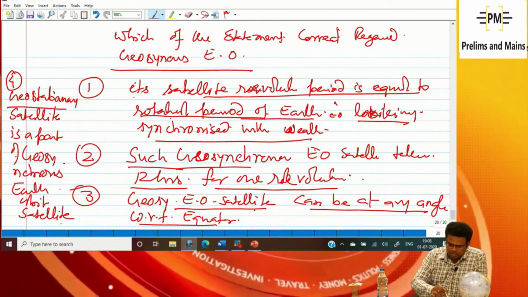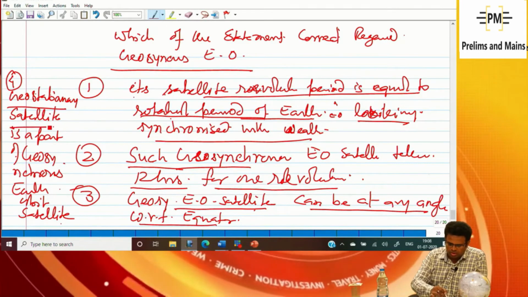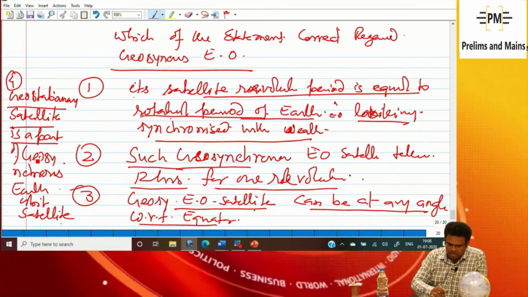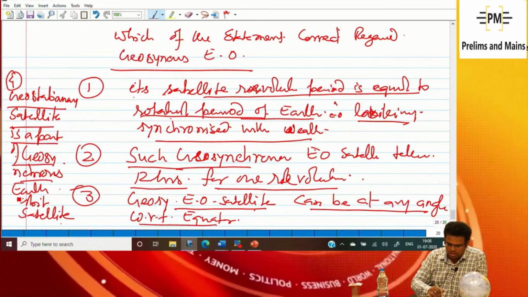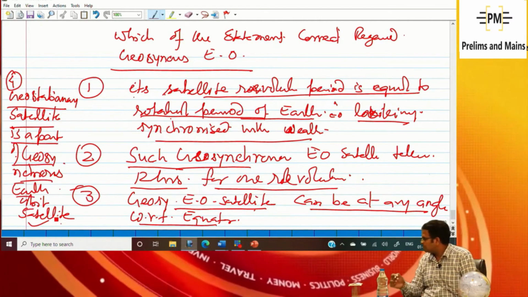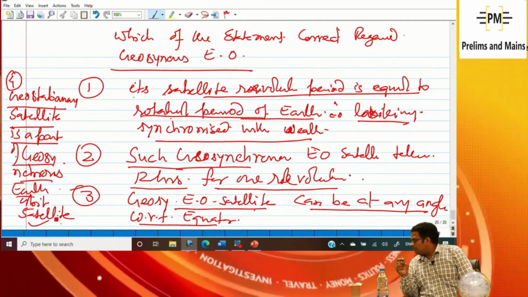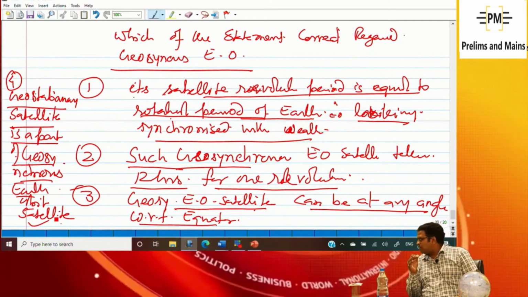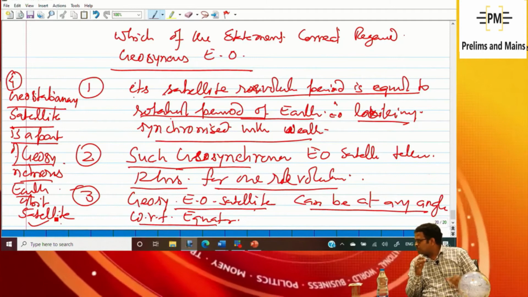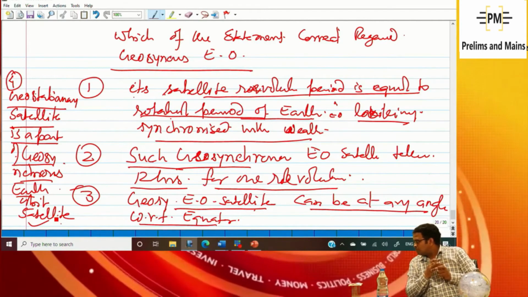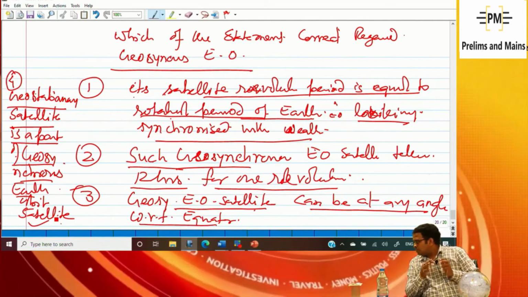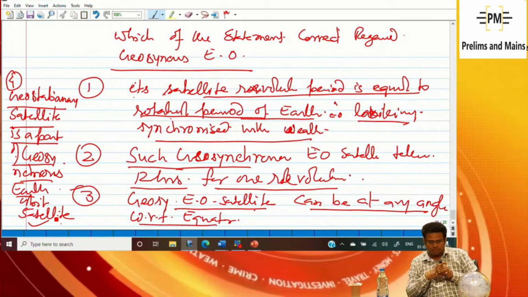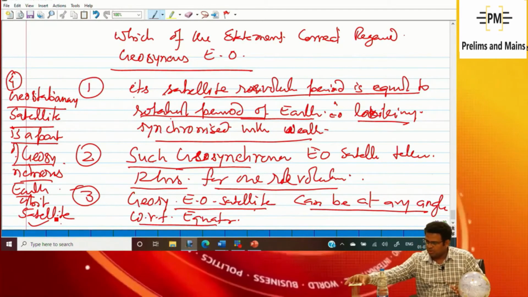Fourth option, geostationary satellite is a part of geosynchronous earth orbit satellite. Which options are correct?